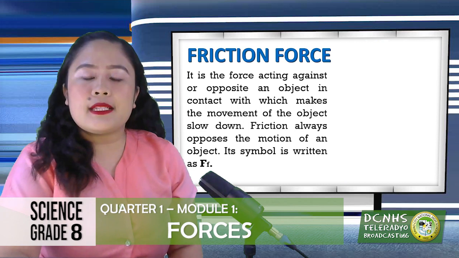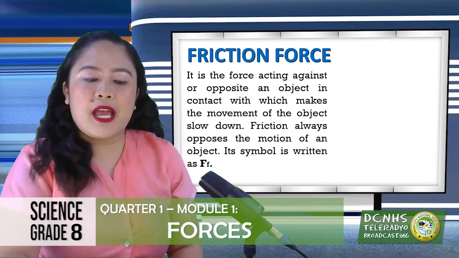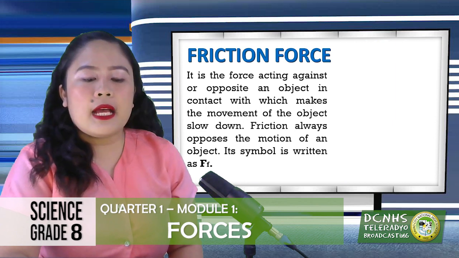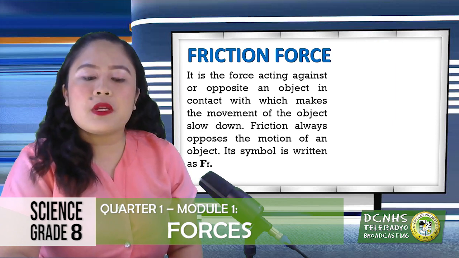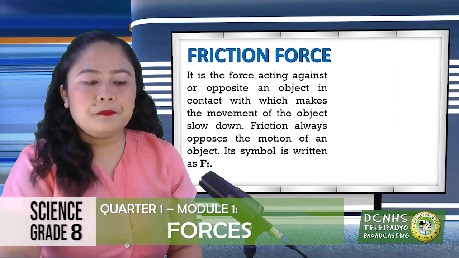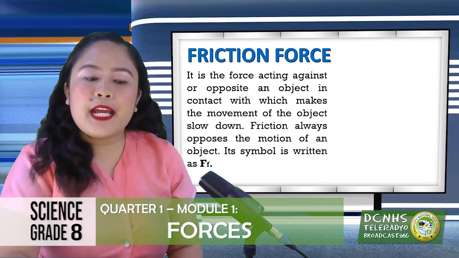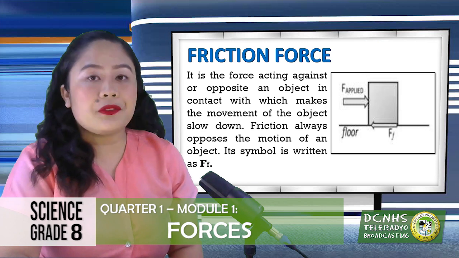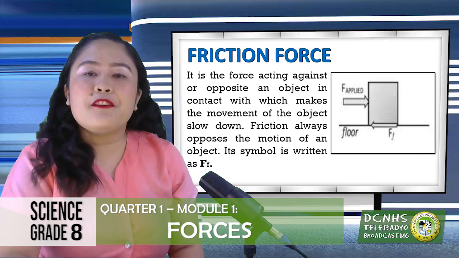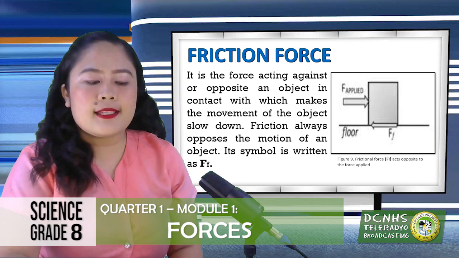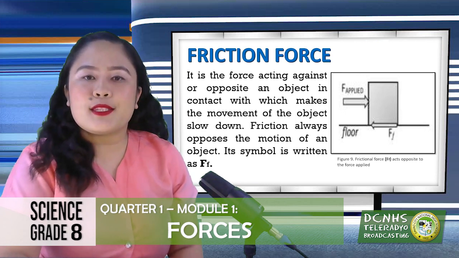Its symbol is written as capital letter F with small letter f on the side, or capital F with subscript small letter f. In the figure, you can see applied force is directed to the right, while the frictional force is directed opposite to the applied force. It is directed to the left.